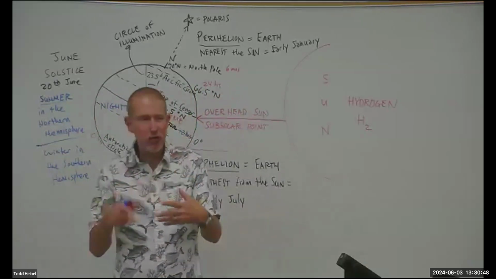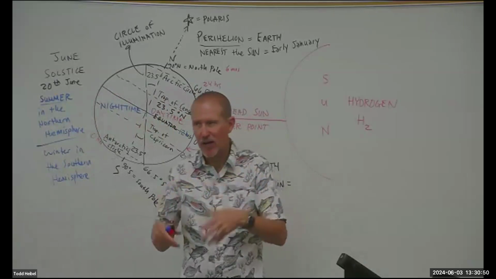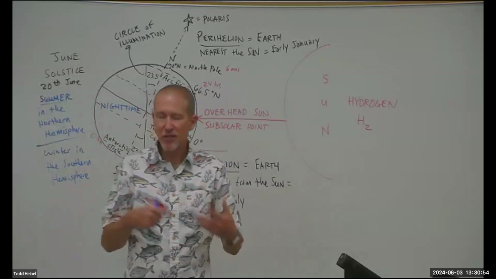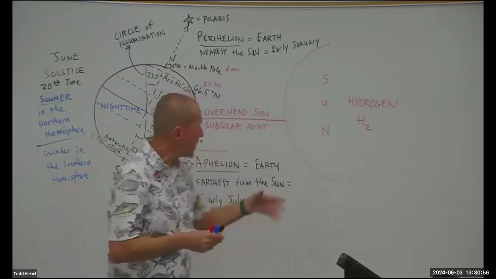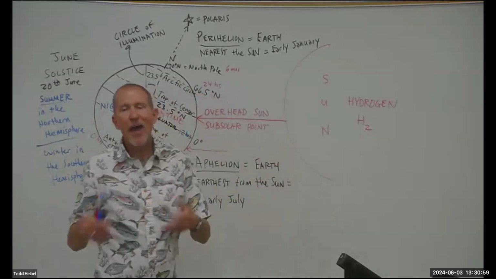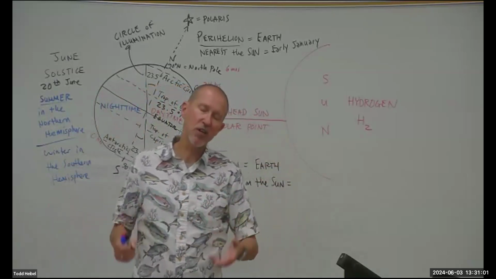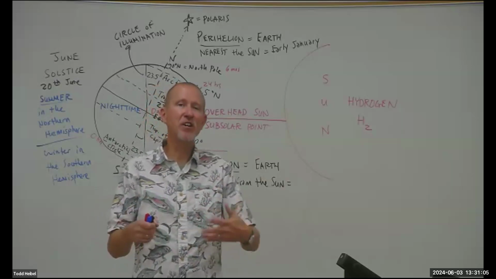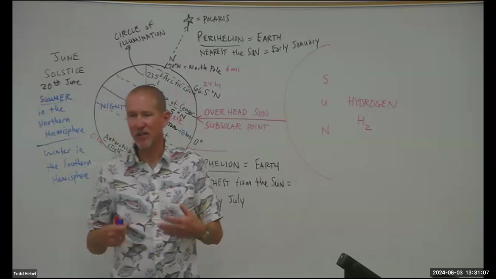So we'll talk about the structure of the atmosphere, troposphere, stratosphere, mesosphere, thermosphere, a little bit of chapter 3, assignment 3, and then what happens to the sun's energy when it passes through the gases, liquids, and solids of the atmosphere. And then why is it a very good thing that Earth's atmosphere acts like a filter?